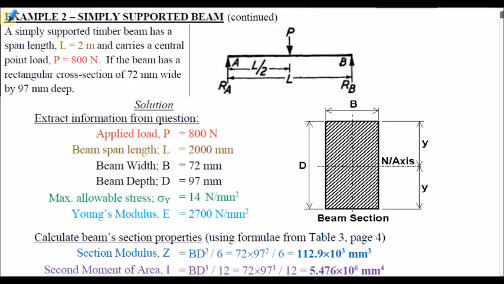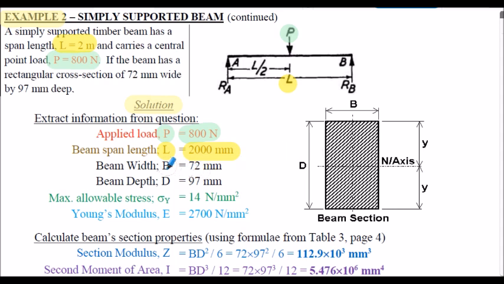So example 2, here's the beginning of the solution. As always, we firstly extract the information from the question. So the applied load P given in the question is 800 newtons. The beam span length L is stated as 2 meters. I'll convert that to millimeters here, so 2000 millimeters.